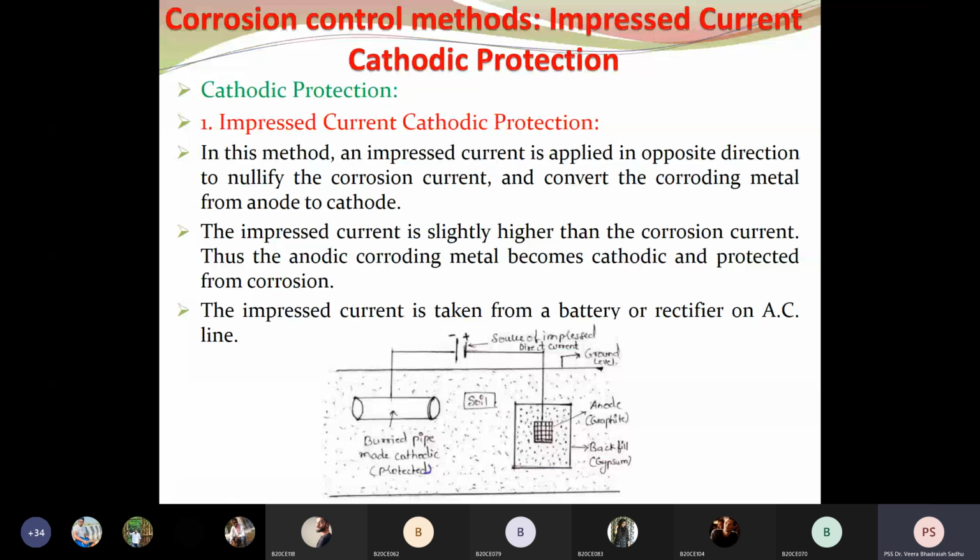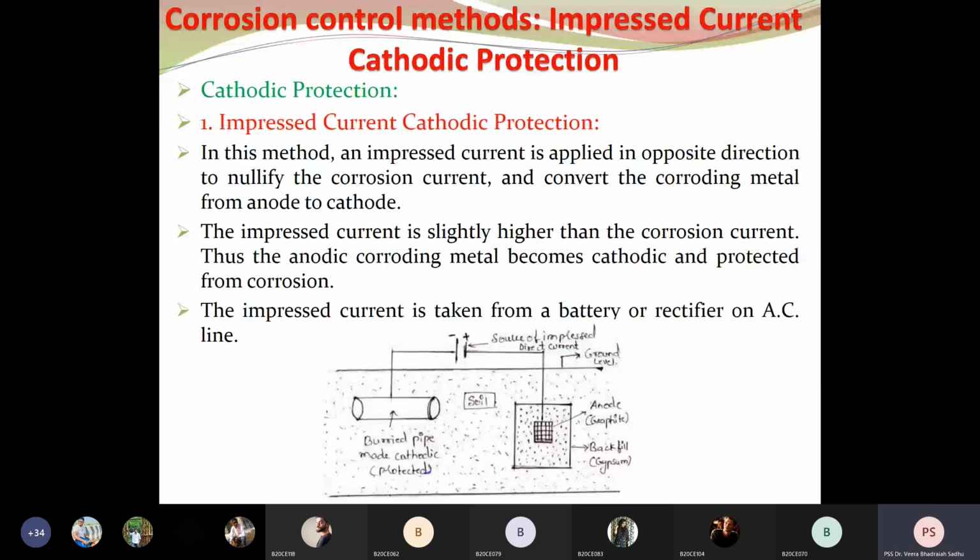The anode must be insoluble. It should be very solid and not soluble, made of gypsum or some other protective materials. This anode and cathode are connected to an external battery.